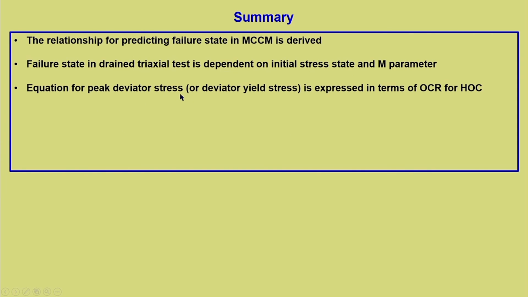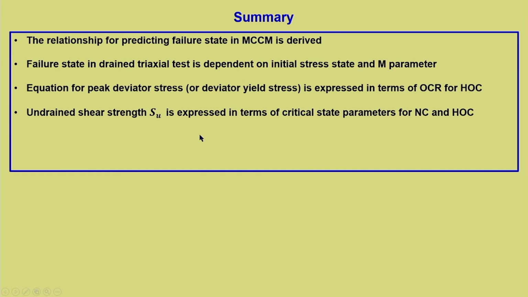The equation for peak deviatoric stress or deviator yield stress is expressed in terms of OCR for heavily over consolidated soil. We have also found out that Qy and P dash y can be determined for any given type of situation. Undrained shear strength SU is expressed in terms of critical state parameters for NC and HOC.